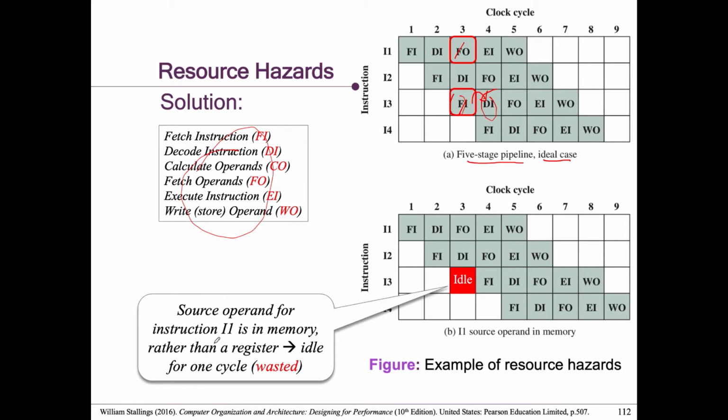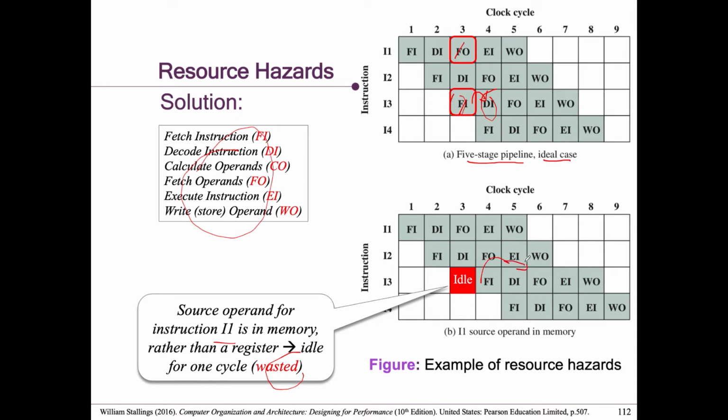Source operand for instruction I1 is in memory rather than in a register. Idle for one cycle is wasted. You can see the solution.